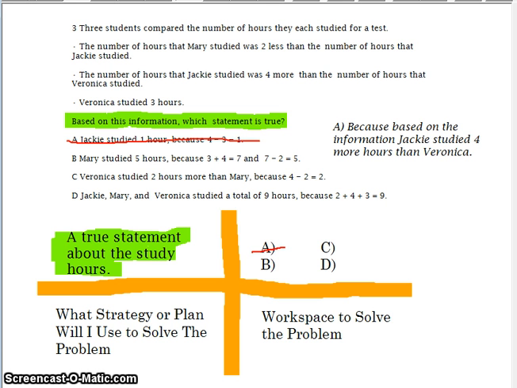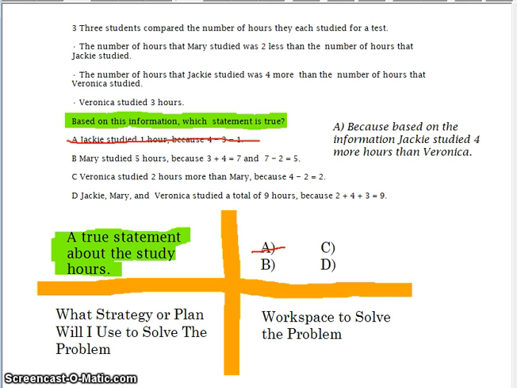Now, let's look at, are there any answer choices I can eliminate? Well, based on the information that I was given, I believe that I can eliminate A, Jackie studied 1 hour. Why is that?